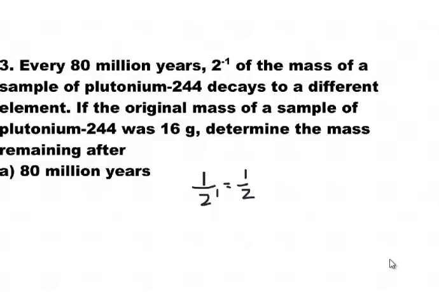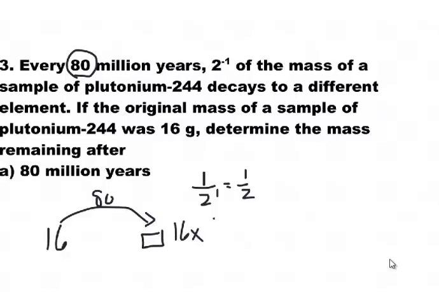So I start with 16 grams. After 80 million years, I want to know how much is left. Remember, every 80 million years, half of the mass is converted to some other element. So this means after 80 million years, I'm going to end up with 16 times 1 over 2, which is 8 grams.